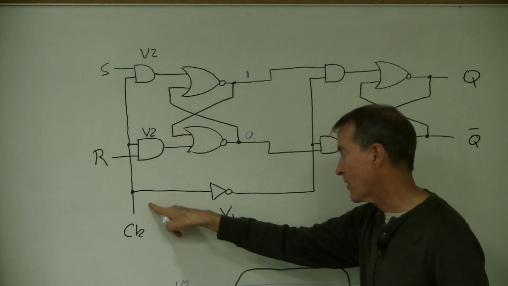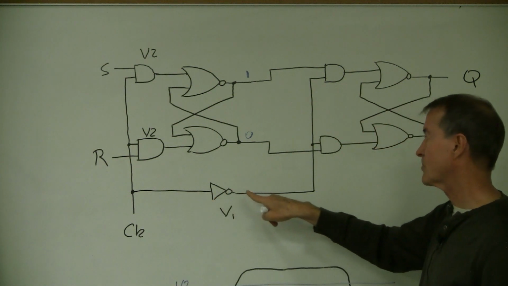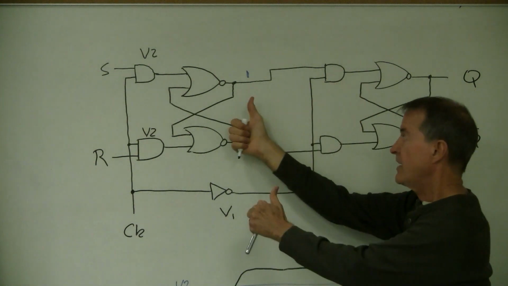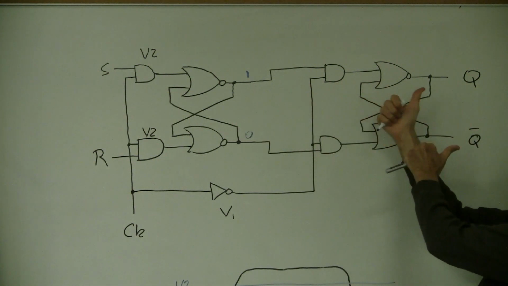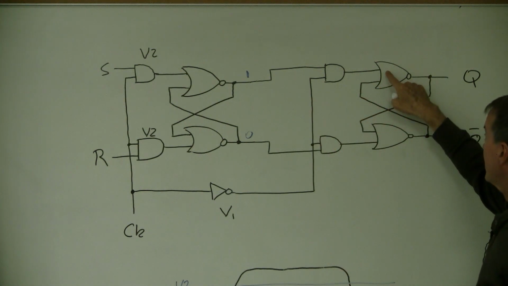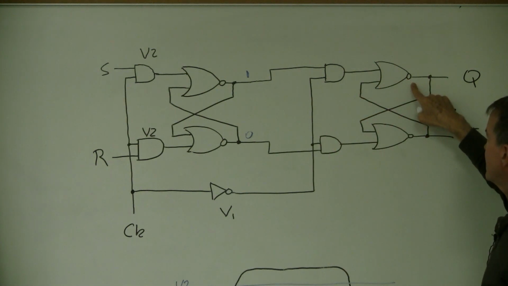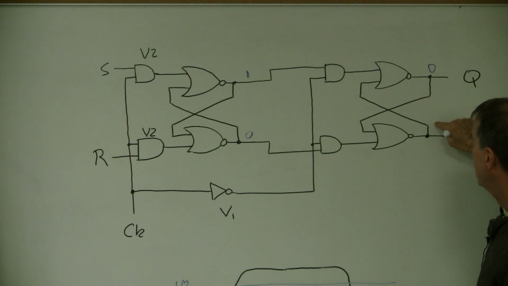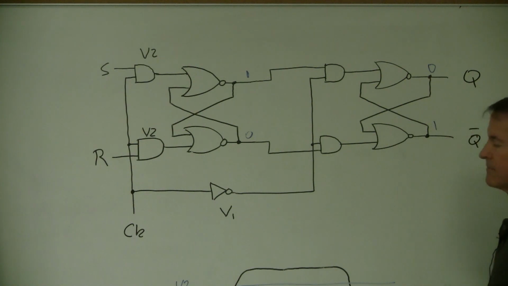If the clock is 0, then what's on the other side of this inverter? 1, which means this is going through. And so if this is 1, this has to be 0. And what does this have to be? This has to be 1. Are you with me? Is everybody clear?